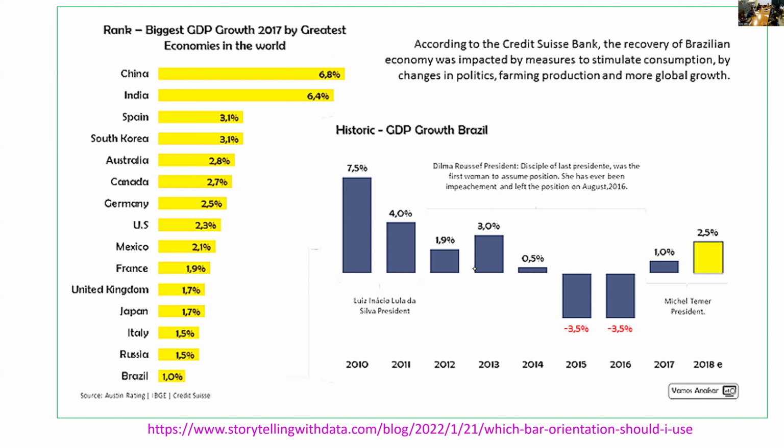Then we can see, oh, in a few years the GDP was going up, then suddenly the GDP fell to minus, then it went up again. And then I even added who was the president at that particular point of time to make a political story. So and so Dilma Rousseff did well, and Lula did badly or good or whatever. So you can make a story like that. So these bar charts are very useful like this, except if time is involved in one of the axes.